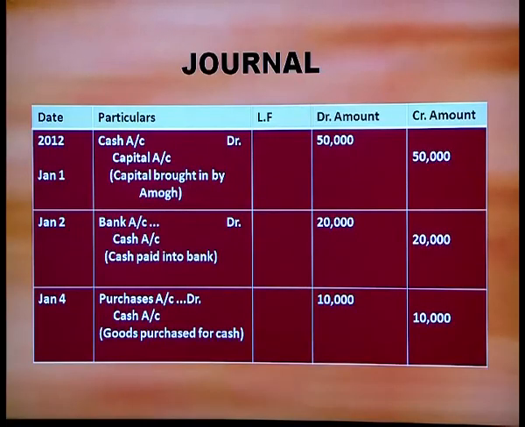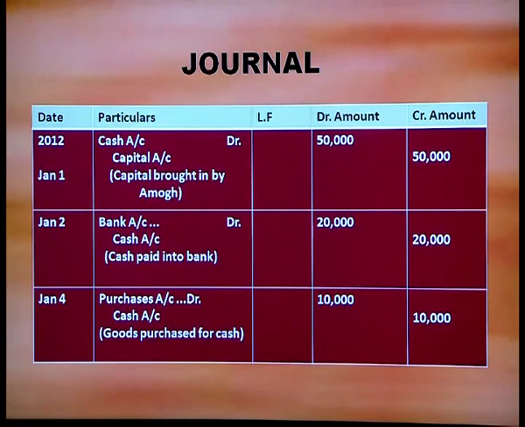When you are writing this in the form of a journal, you have to fill all the date column, particulars column, ledger folio column, debit amount column and credit amount column. Now you have identified which are the accounts and you know the rule. Now we can directly write in the journal.